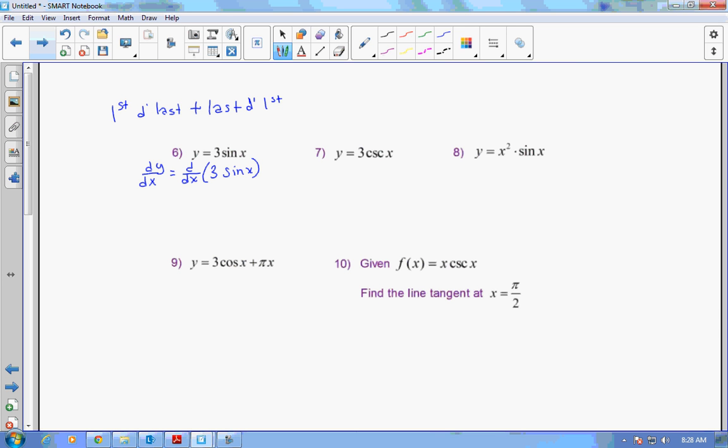What does a fraction bar look like for division? Does it look like a minus sign? Yeah, so minus, fraction bar. And when we're timesing, we have first d last plus last d first.